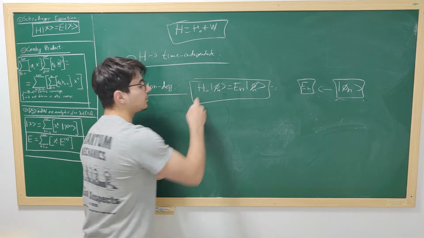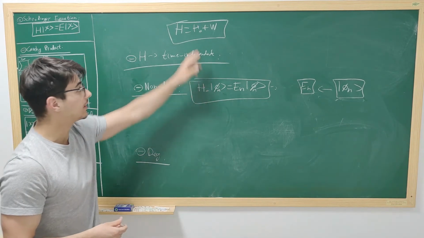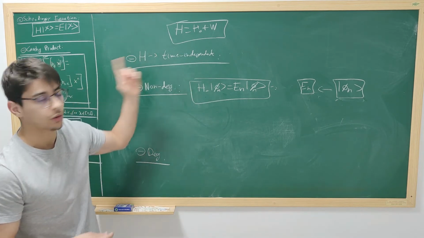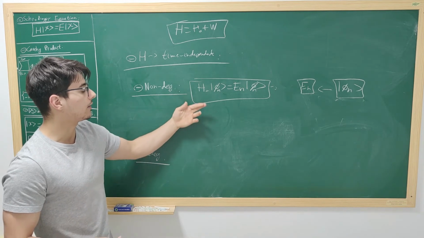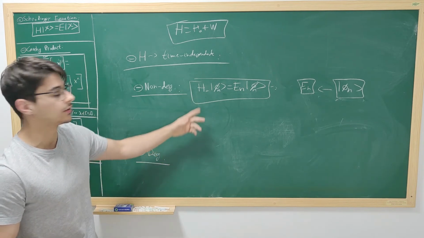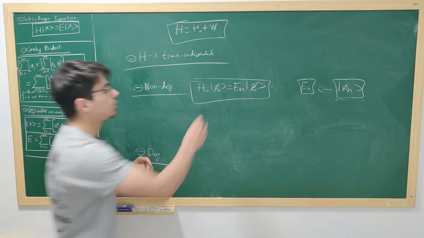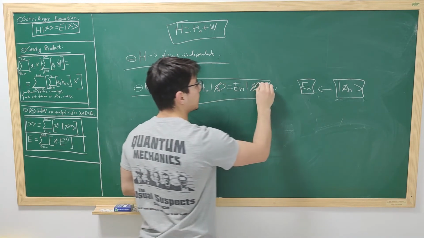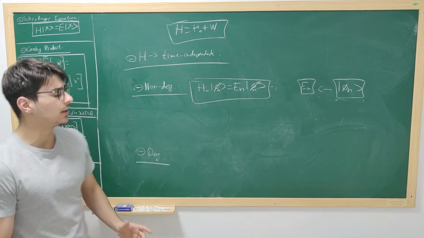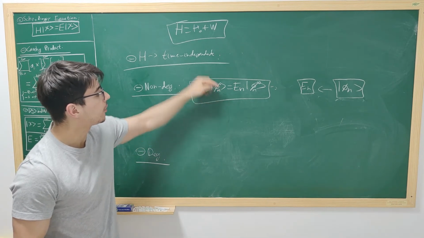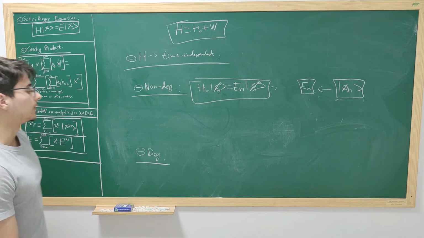And because we are dealing only with the unperturbed Hamiltonian, H naught, we write this 0 right here. Remember that our goal is to deal with all of this, but first we're distinguishing the general non-degenerate and degenerate cases. So this notation just means the eigenstate of the nth energy for the Hamiltonian H naught.